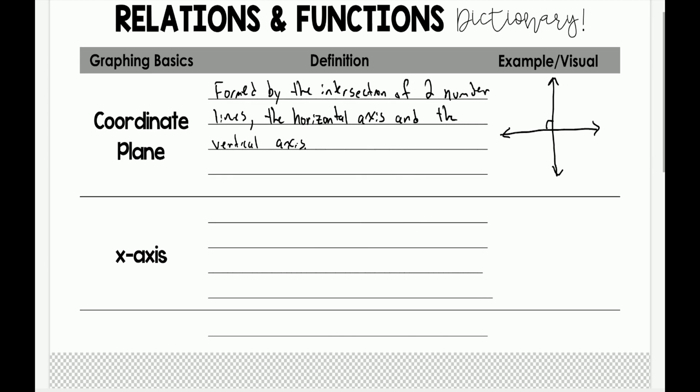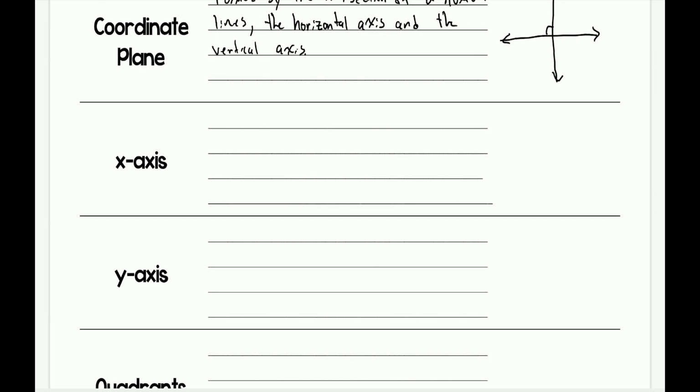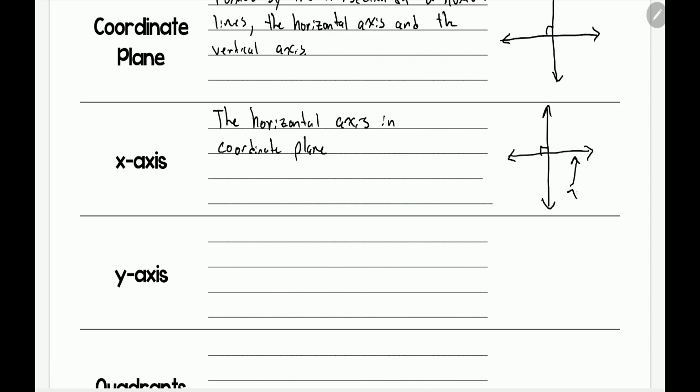Okay. Now, the x-axis. So the x-axis is the horizontal axis in the coordinate plane. So if we take our coordinate plane, this right here is the x-axis. Okay.